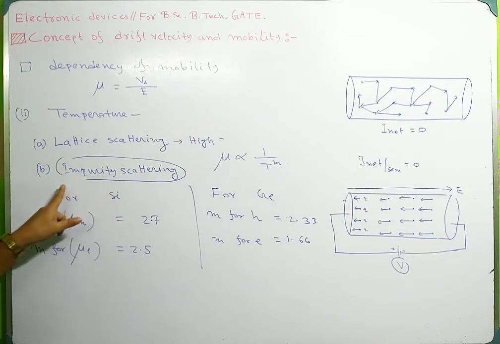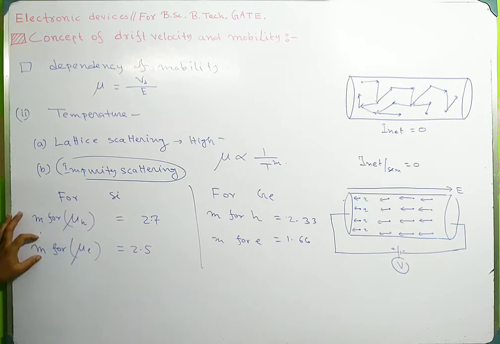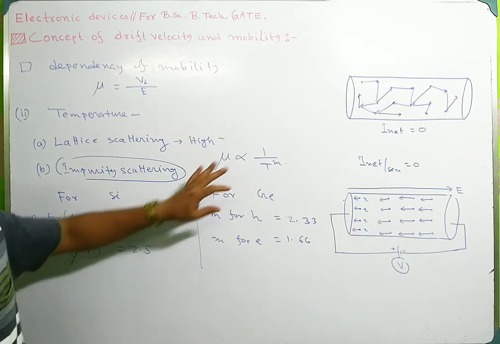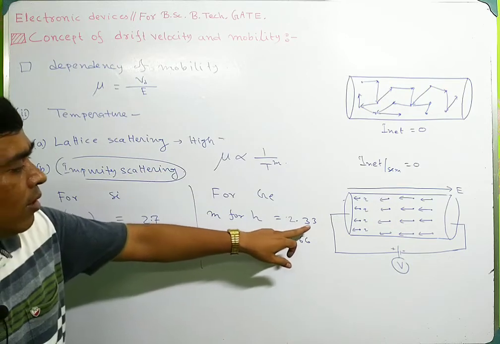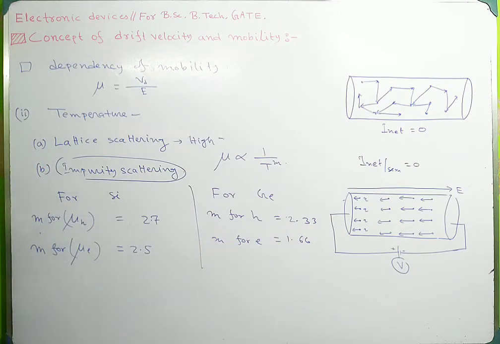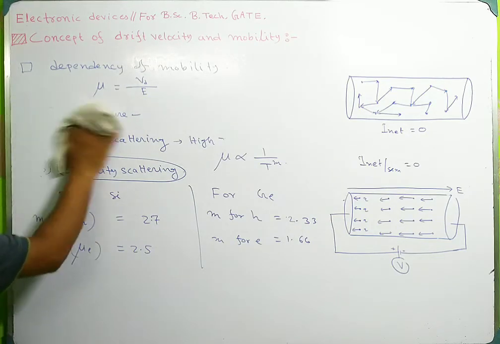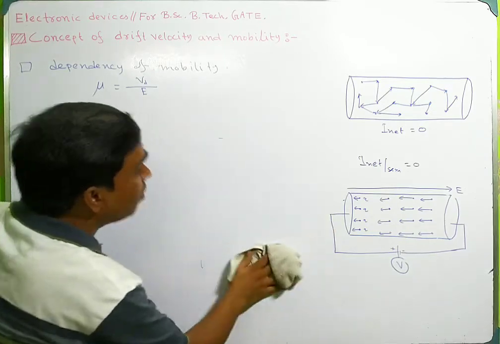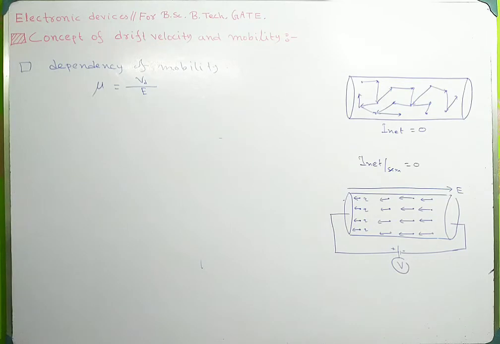For silicon the value of m for holes is 2.7 and for electrons it is 2.5. For germanium it is 2.33 for holes and 1.66 for electrons. So this is the second, how mobility depends on temperature.